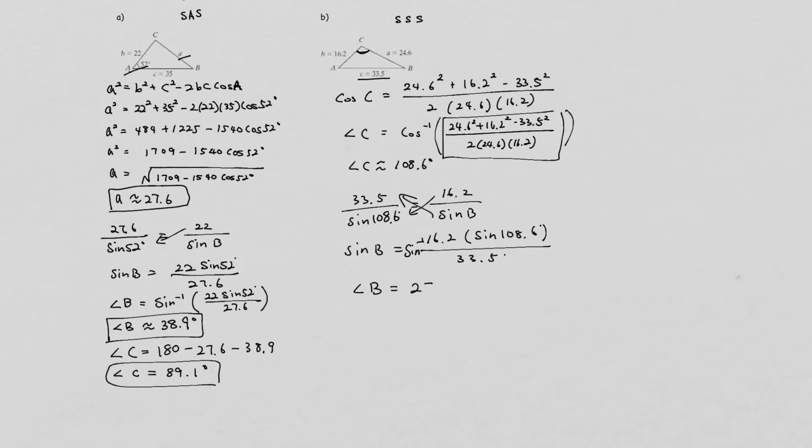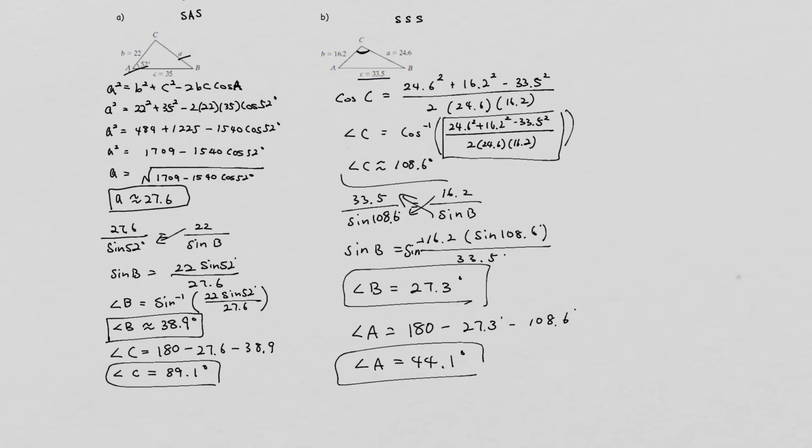That gives you 27.3 degrees. So now angle A is 180 minus 27.3 minus 108.6. So angle A is 44.1 degrees. Angle A, angle B, angle C.